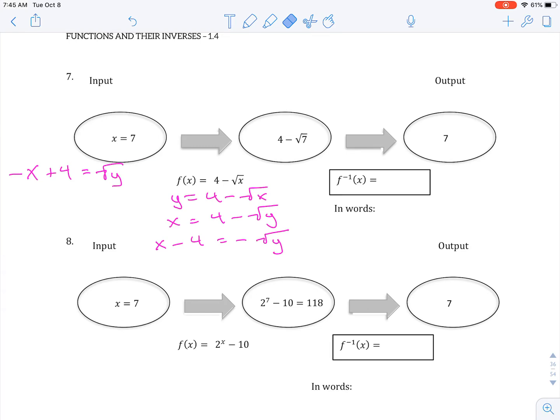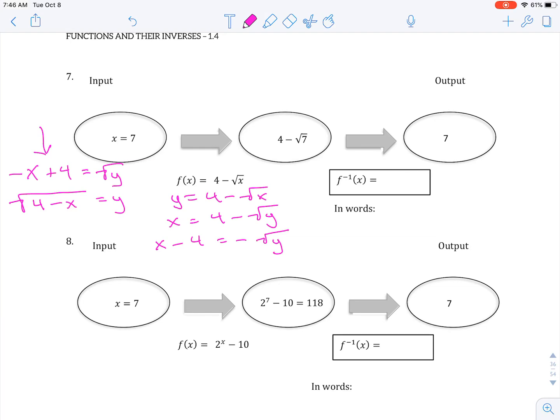Well, what's an expression I could write equivalent to this one, where the first number would be positive? And that would be 4 take away x is equal to y. Okay? And that is the inverse of that one.